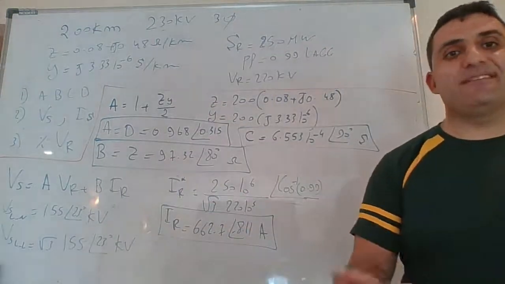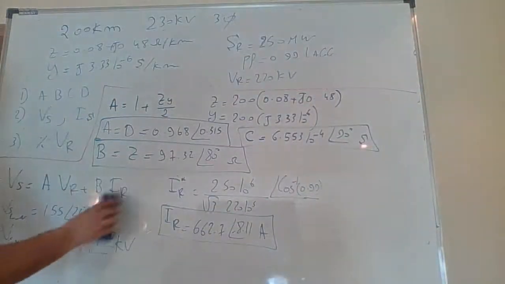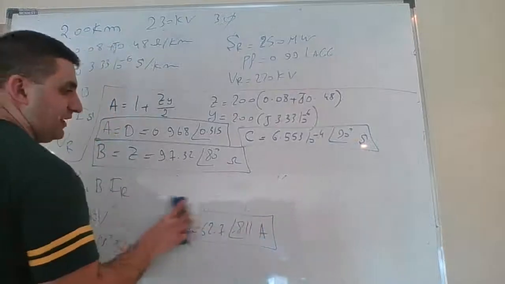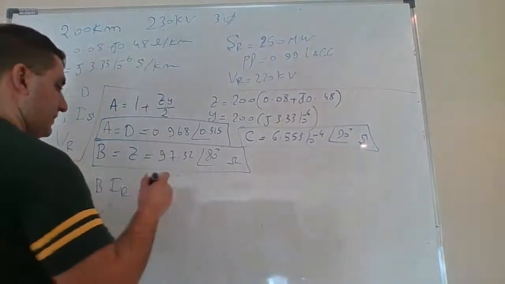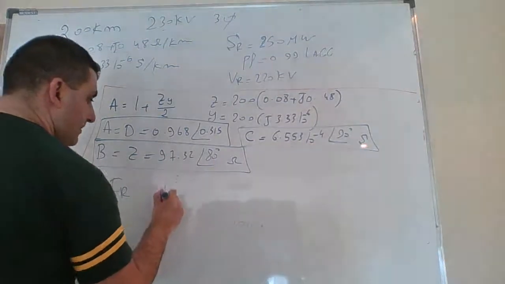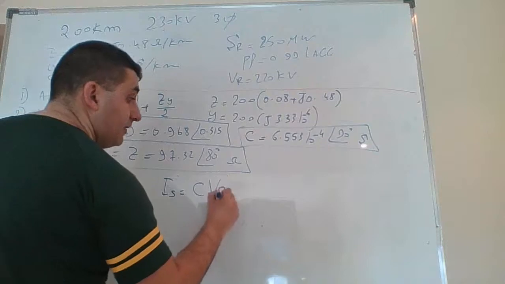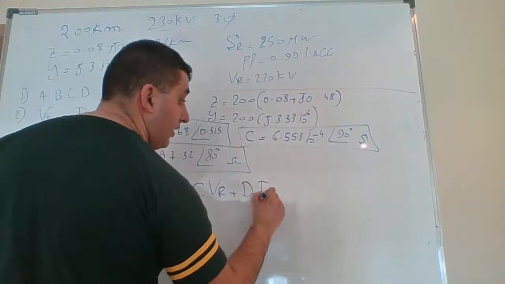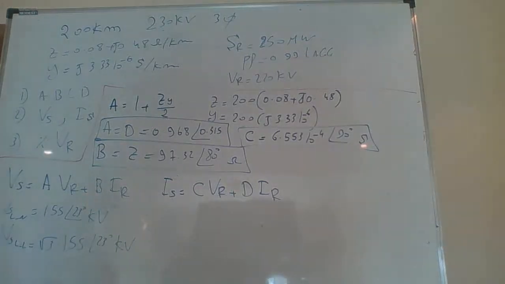I do exactly the same. I put the equation of IS. Everything is being given now. IS is equal to C VR plus D IR. Everything is given.